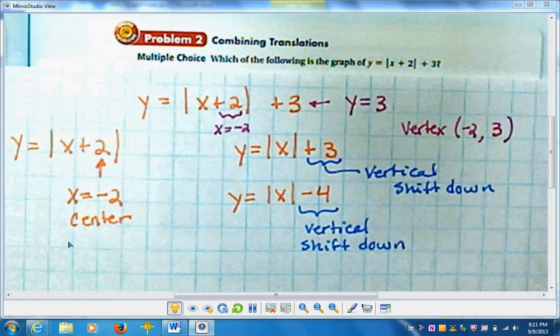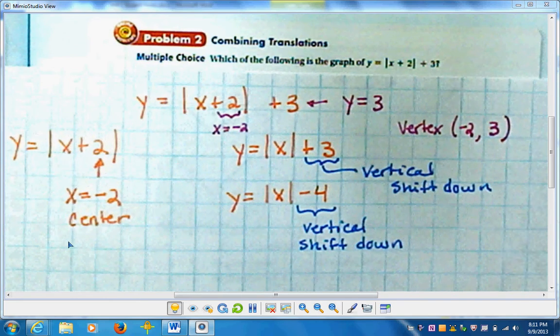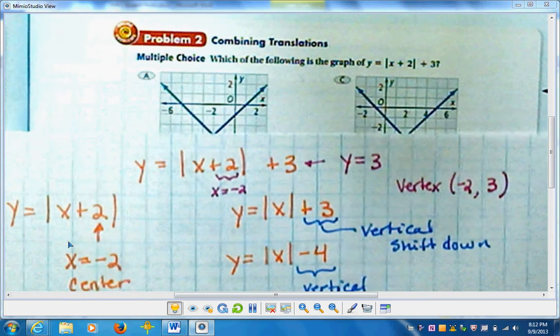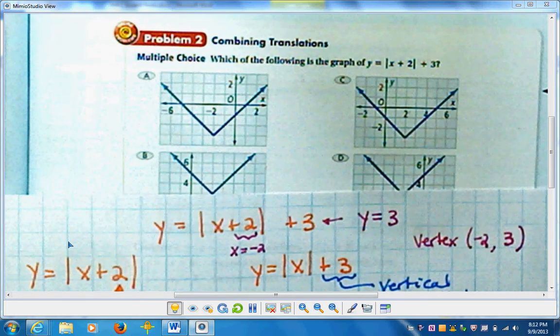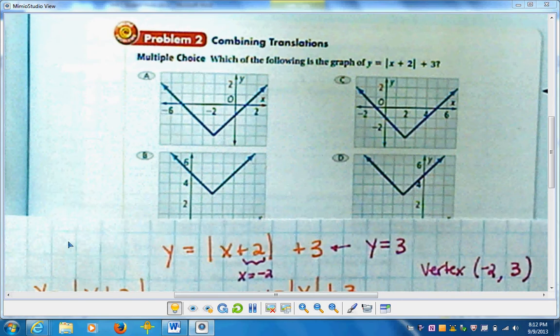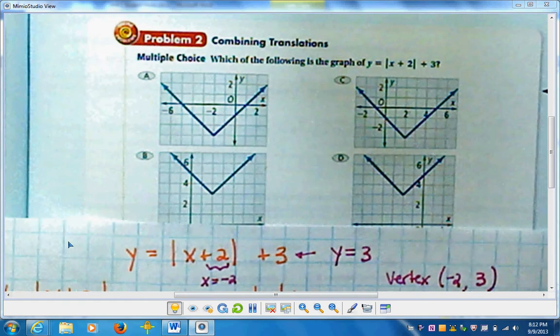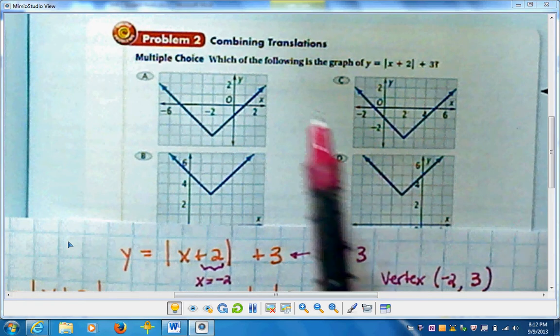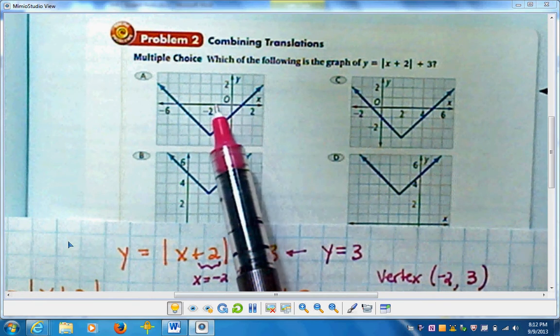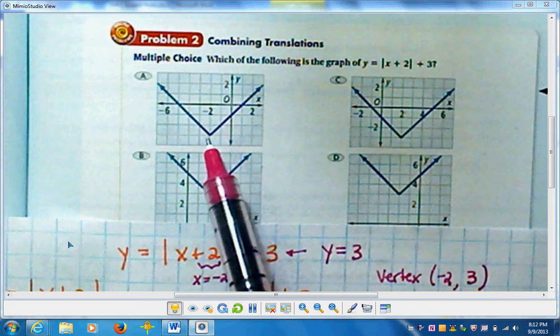So let's look at which one it is, and I'm going to show you a calculator trick. We're looking for one that has a vertex of -2, 3. Here we go over, that's -2, oh that's -3, that's not it.